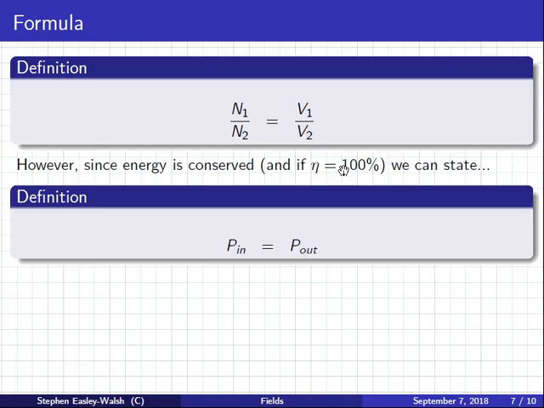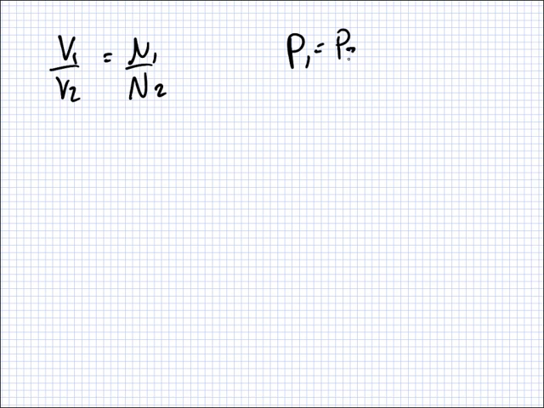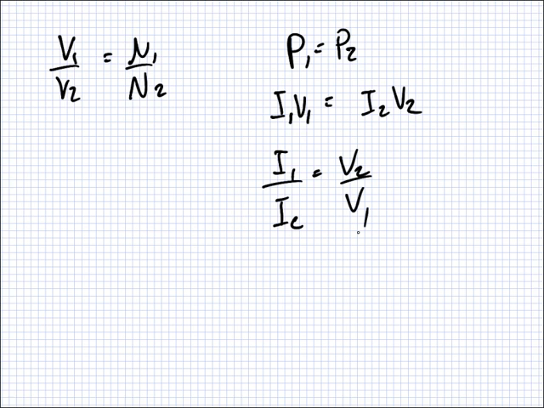Okay. Now, if it's 100% efficient, what you can say is the power in should equal the power out. So let's look at what happens here. You have V1 over V2 equals N1 over N2. You also have P1 equals P2, which means I1 V1 equals I2 V2, which means I1 over I2 equals V2 over V1.